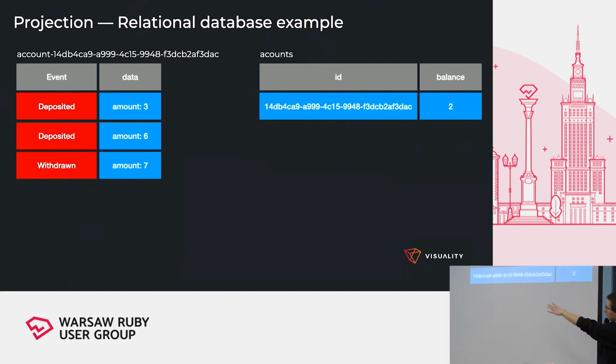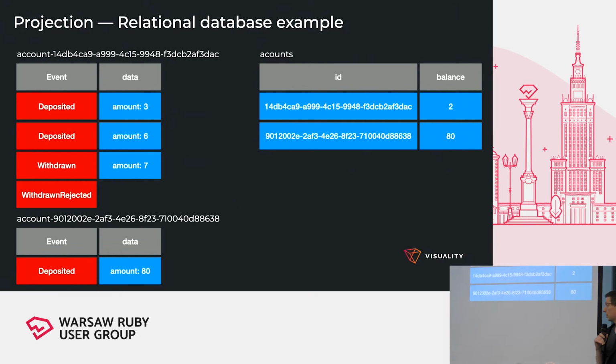You can see there we have amount, here we have balance. It's not the same data, it's a product of that data. Another event comes, someone wanted a bit too much from their account, nothing has changed in here. Another event about a different account, and now we have 2 entries. This is called projection. We can project into a relational database, we can project into any other database.